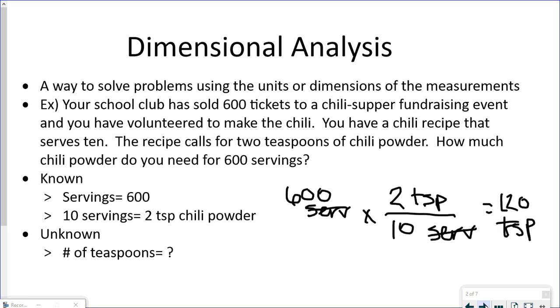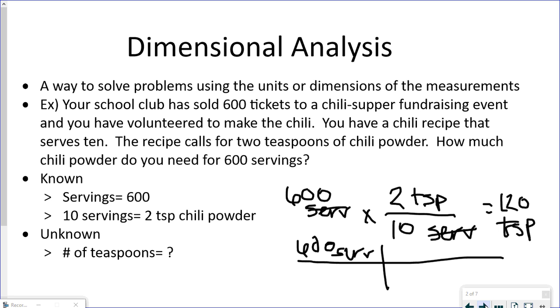So that's one way you'll see these written. Another way you may see these written is using railroad tracks. So it just has your baseline, which is that middle line of every fraction. You start with your 600 servings. There's just a line separating the different fractions.